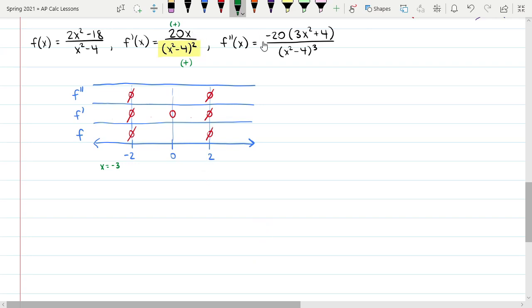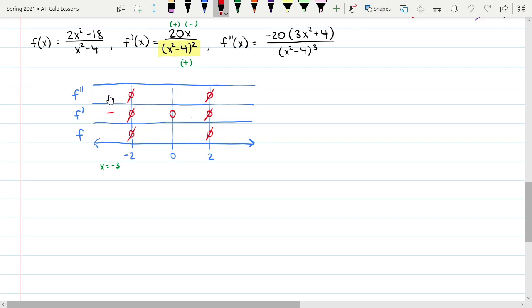So if x is -3, I've got a positive times a negative divided by a positive, and that's going to be a negative. Now remember, this was analyzing f prime. So on the f prime line, that's going to be a negative. Again, be careful not to put it into the wrong line. If I substitute it into f prime, I better write that on f prime.